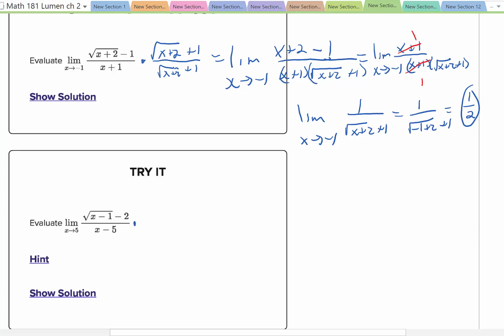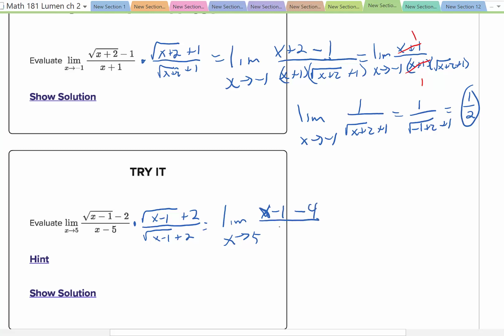So if I again multiply this by our conjugate, the square root of x minus 1 plus 2 over the square root of x minus 1 plus 2, I have the limit as x approaches 5 of, now again, this is going to be an a minus b times a plus b, so it's going to be the first thing squared, which is x minus 1, minus the second thing squared, which becomes a 4.